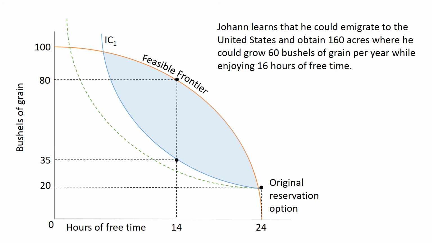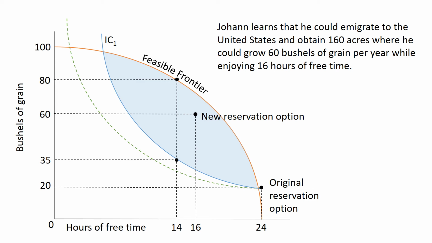Johann then learns that he could immigrate to the United States and obtain 160 acres where he could grow 60 bushels of grain per year while enjoying 16 hours of free time. His new reservation option is above his original reservation indifference curve, meaning that it allows him to achieve a higher level of utility than before.